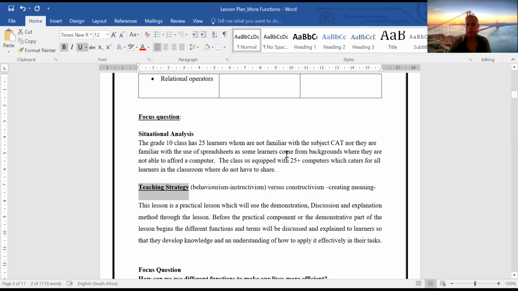They don't have that background, they are not able to afford computers. But the school has 25 computers that caters for learners. So it's an opportunity for the learners to engage in something that they have not engaged before. So rather than seeing the idea that they don't have the background, this one becomes an opportunity rather than a problem for you to develop a teachable moment.